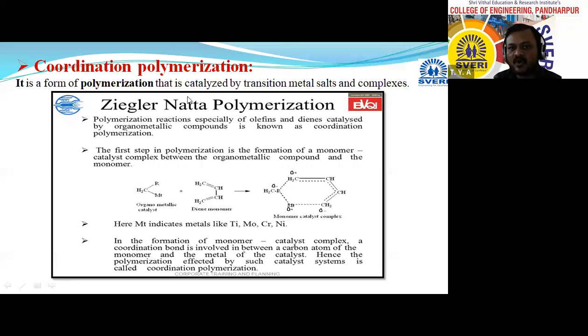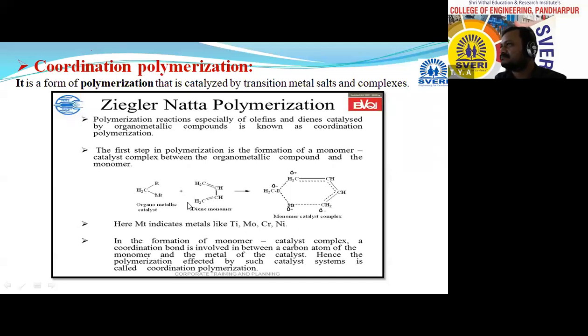Yes, the polymerization which is catalyzed by transition metal salts, like titanium, molybdenum, chromium, nickel. With the help of these metal salts, we form the polymer chain. Whichever polymer chain formation takes place by using the metal catalyst, that type of polymerization will be considered as coordination polymerization.